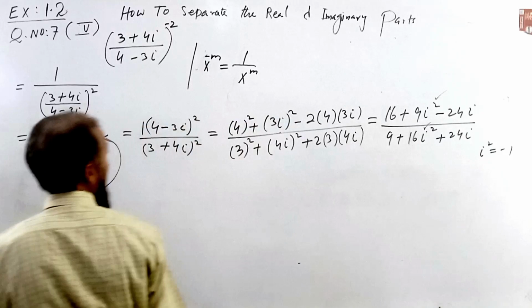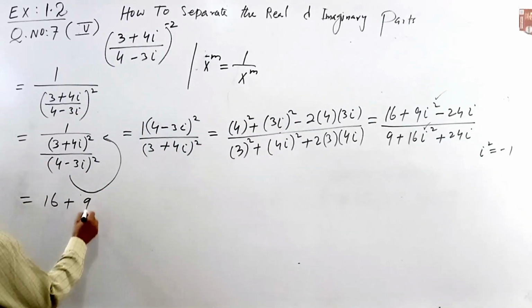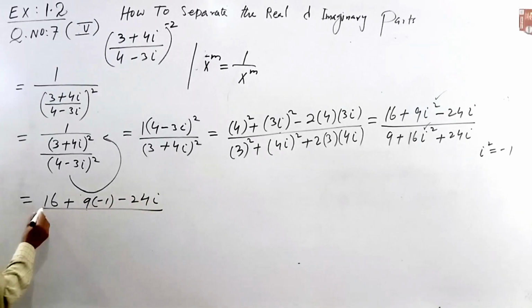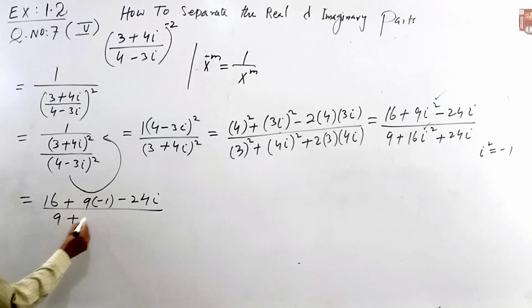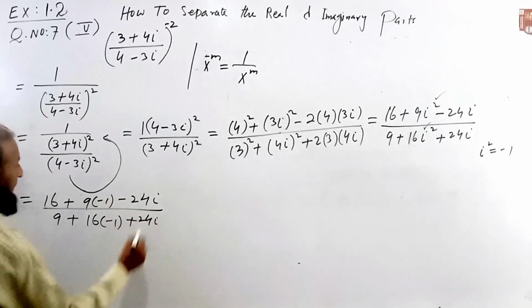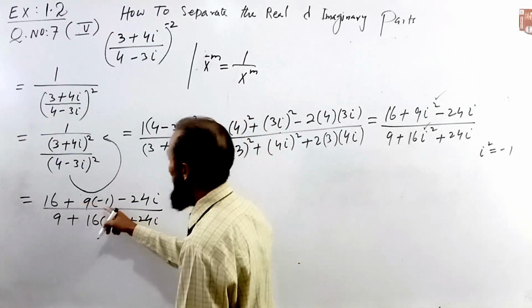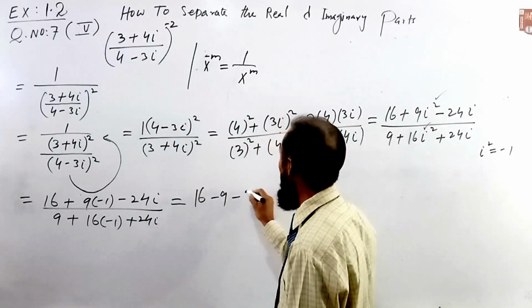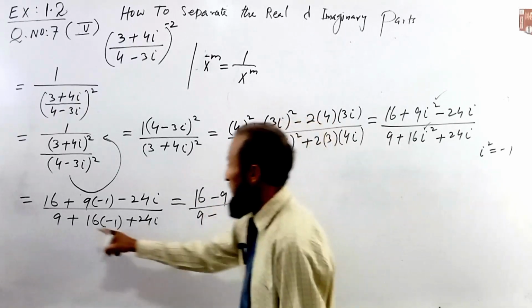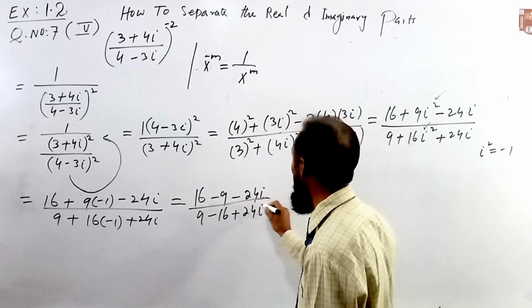So 16 plus 9 into -1 minus 24i, divided by 9 plus 16 into -1 plus 24i. Now we get 16 minus 9 minus 24i, divided by 9 minus 16 plus 24i.